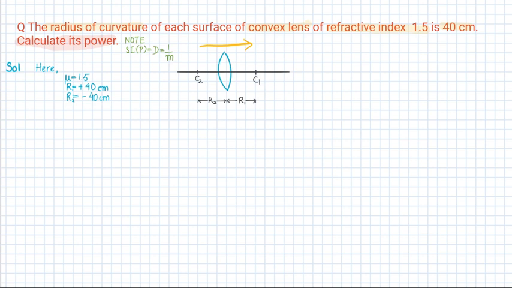So to convert centimeter to meter, 100 centimeter equals 1 meter. And 1 centimeter will be equal to how much? We'll take this 100 to the other side, so it will be 1 by 100 meter.